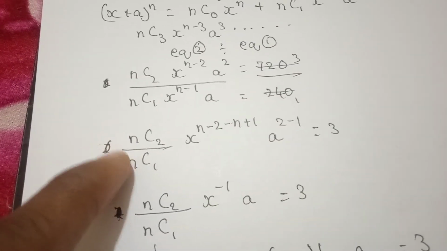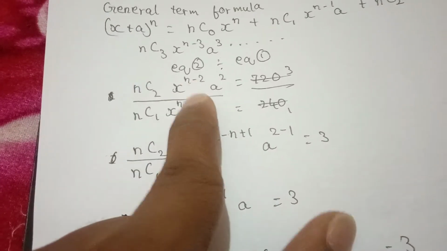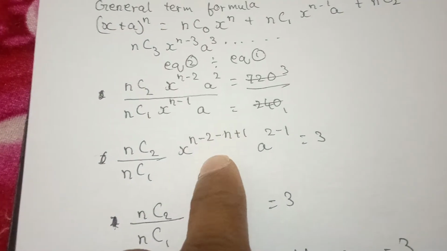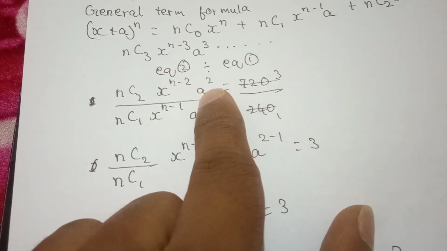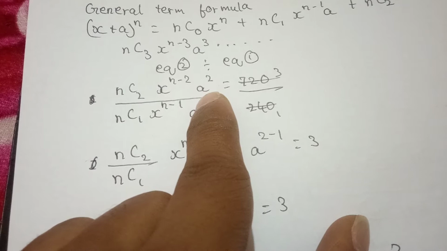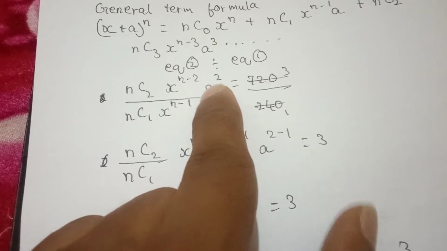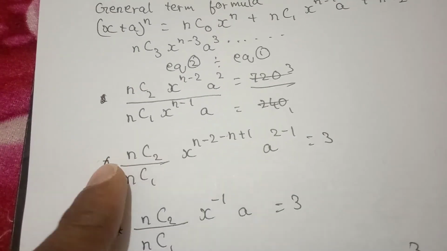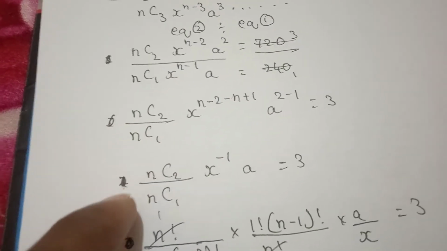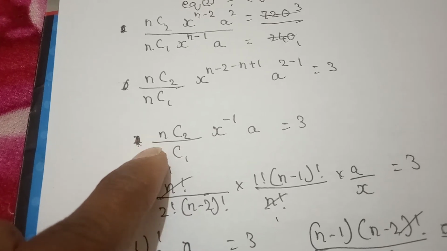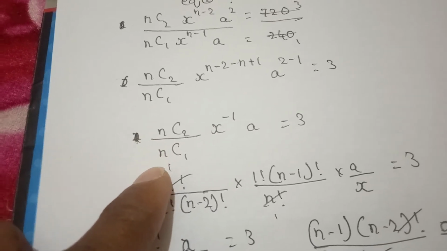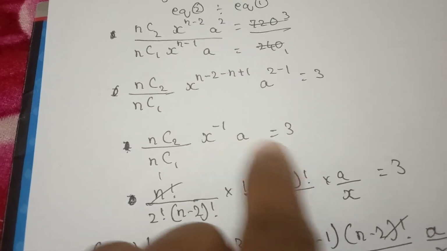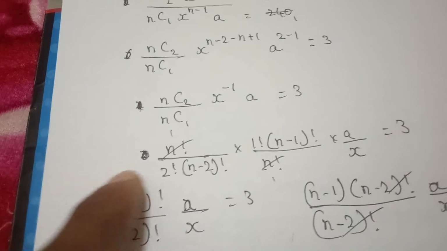After solving the exponents, n minus 2 minus n plus 1, the a square becomes a to the power 2 minus 1. That would give us 3.